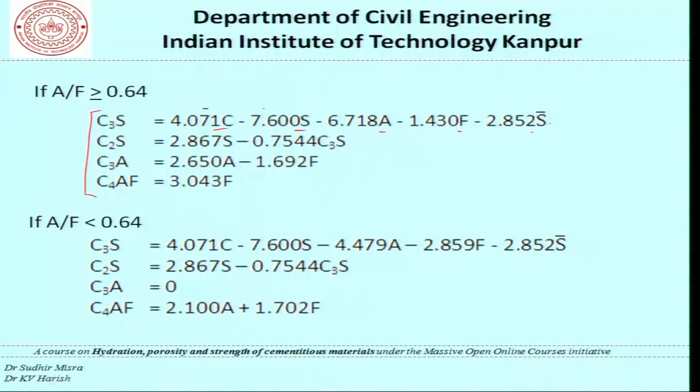Now, remember that we talked about two sets of Bogues equations to be used depending on whether the A by F ratio is more than 0.64 or less than 0.64. So long as we keep that in mind, given the oxide composition and given the Bogues equations, we can calculate the amounts of C3S, C2S or whatever quantity is required.